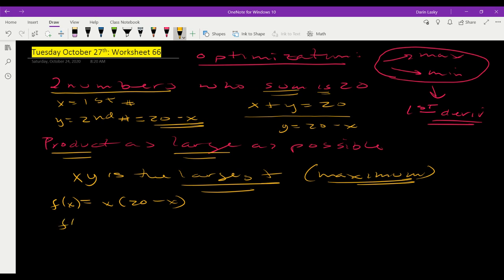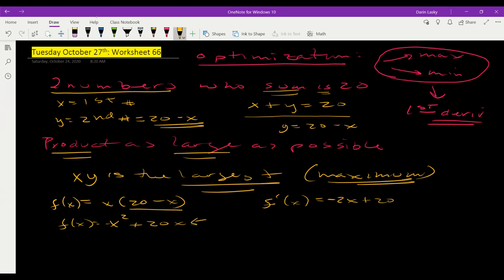So f of x is equal to negative x squared plus 20x. And I want to deal with a maximum, so I just need the first derivative. The first derivative, f prime of x, is equal to negative 2x plus 20.